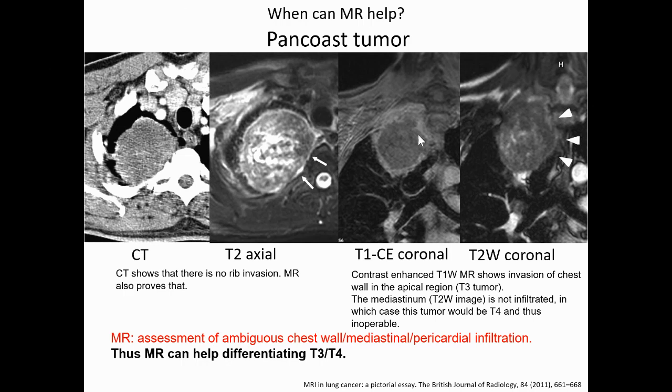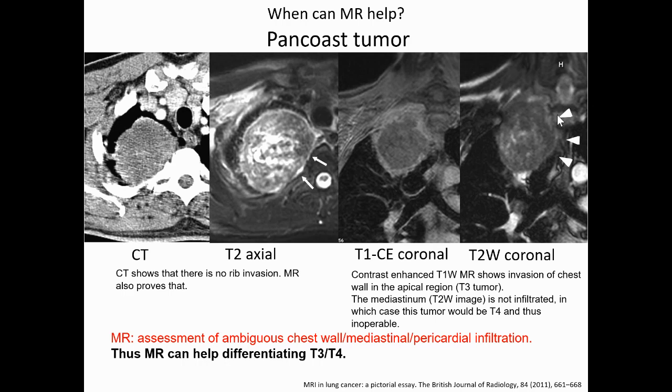But since MR has a better contrast resolution, so to say, then with that we can prove that this cancer, which is enhancing at its periphery, is now way beyond the expected contour of the right upper lung, the right lung apex.